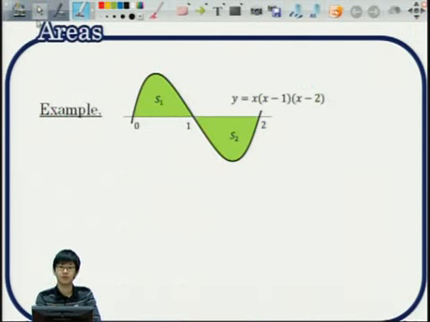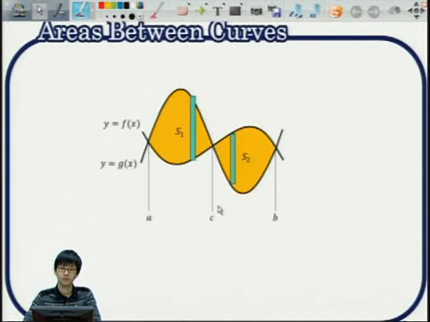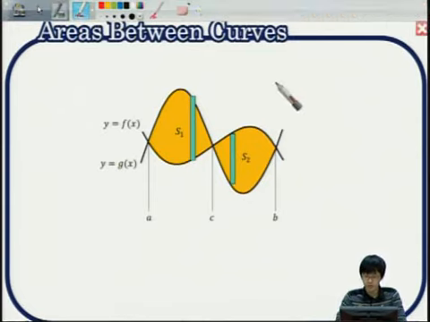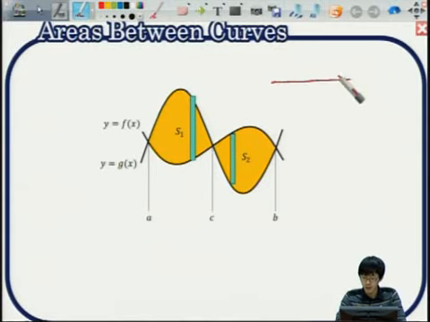Is it good? I'm going to go on. So this is kind of a broadened concept. How can I explain this? In the first concept, this bottom line was the x-axis.